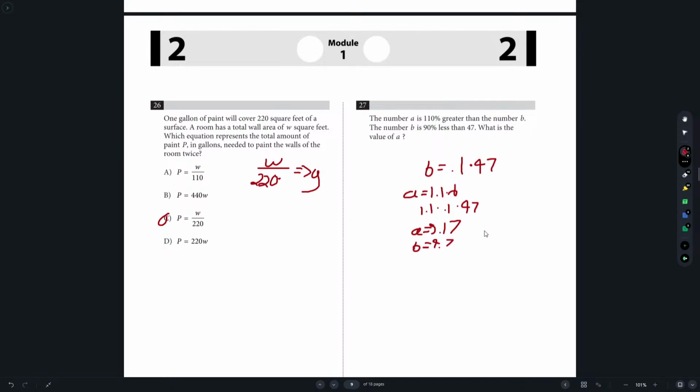Now 5.17 has to be 10% greater than B, and 4.7 times 1.1 is indeed 5.17. So A is 5.17.